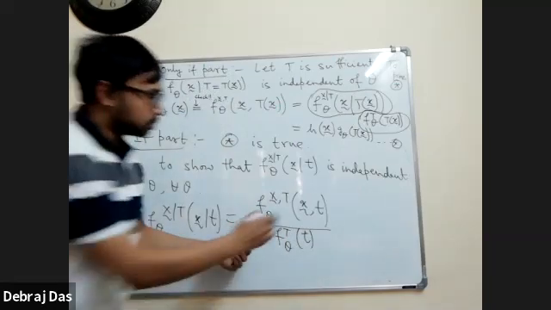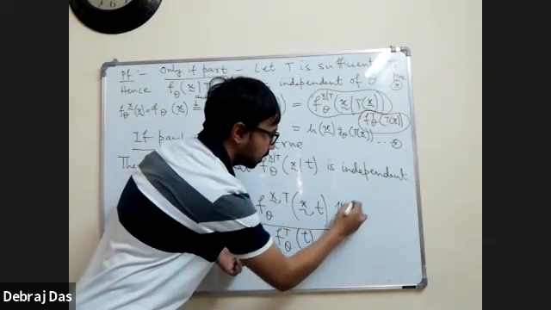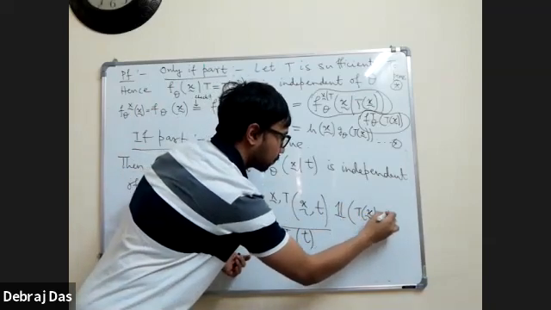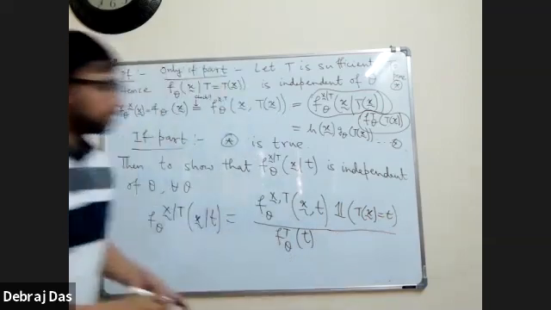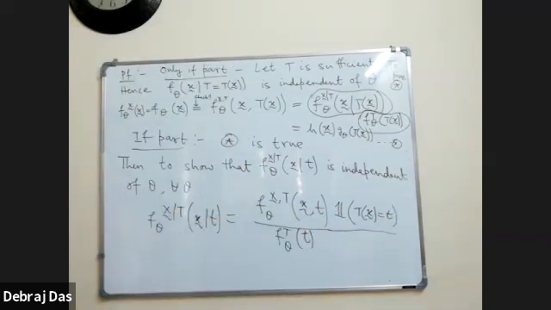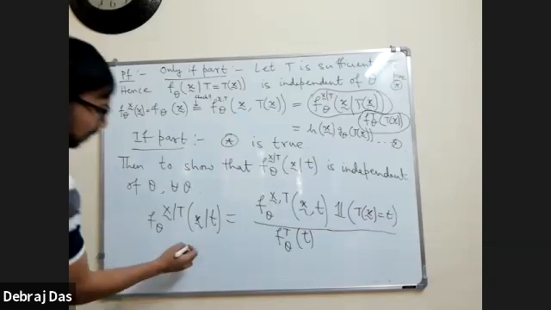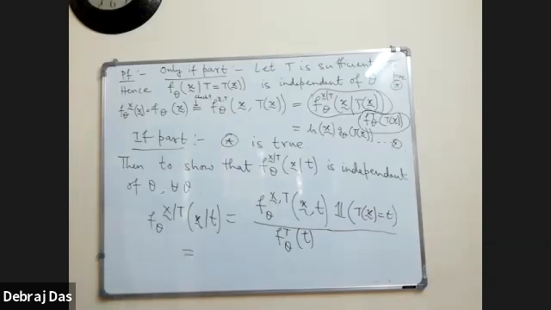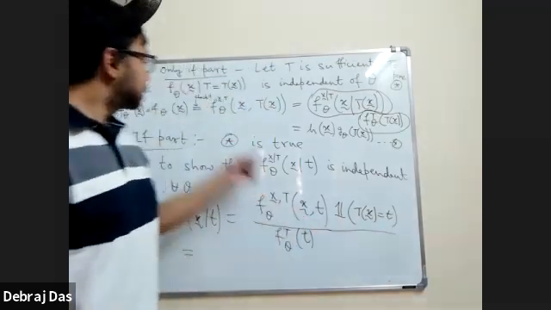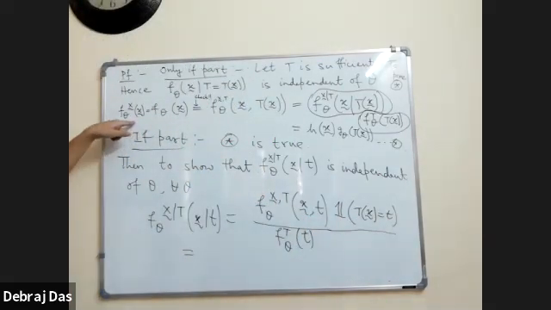One more thing, I should write it like this because otherwise it's 0. If T of x curl is not equal to t, then this conditional is equal to 0. That is how it's defined. Now whenever T of x curl equals t, this thing is again equal to the PMF or PDF of only x curl.